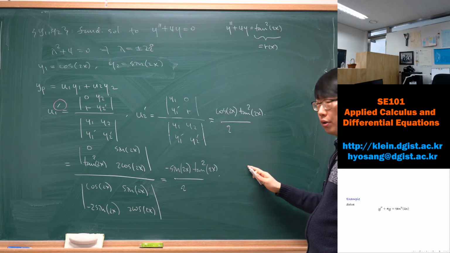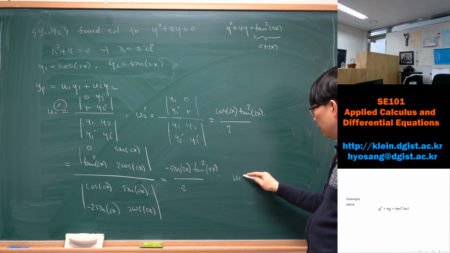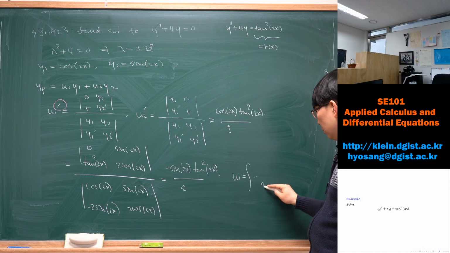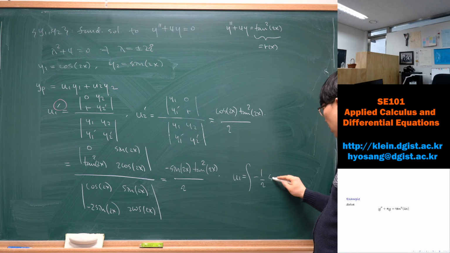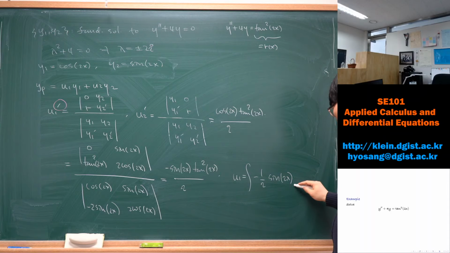So let's try to find u1 first. u1 is the integral of negative 1 over 2 times sine 2x, rewritten as cosine squared 2x over sine 2x... I want to replace this cosine.